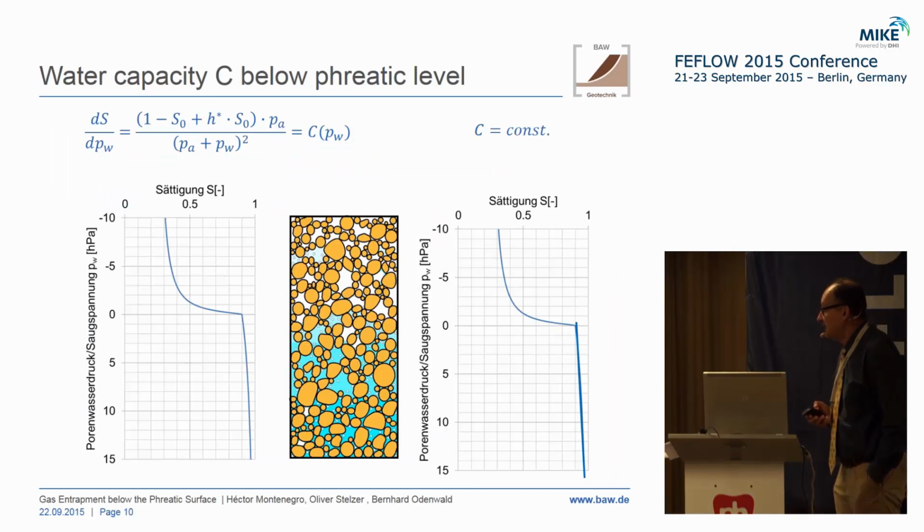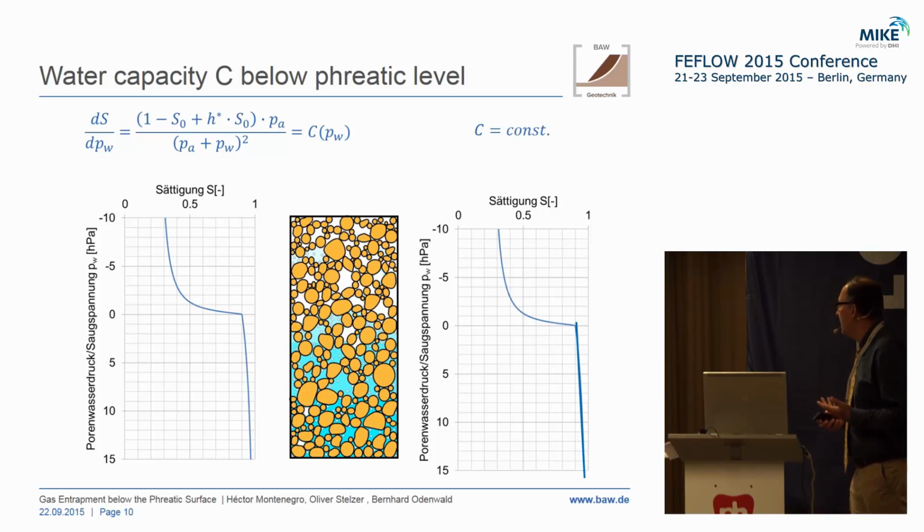So the idea was, perhaps we can apply the Richards equation, we just have to extend the saturation pressure relationship just below the phreatic surface. And this is what you can do if you have some idea of the distribution of saturation with pressure. Then you can just extend this and handle the whole thing as unsaturated.